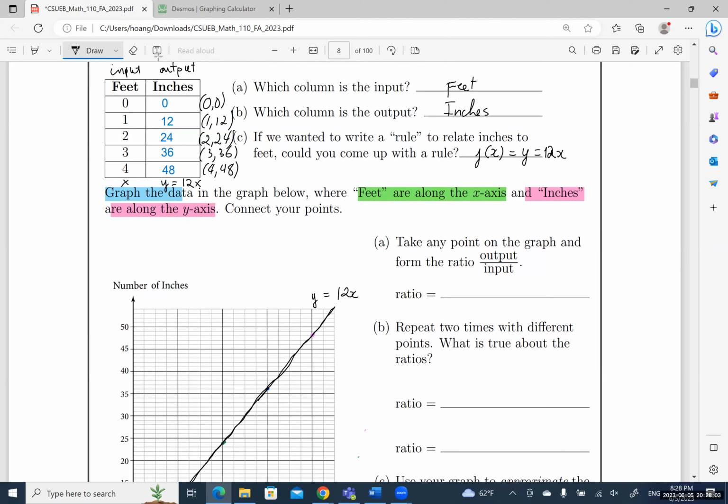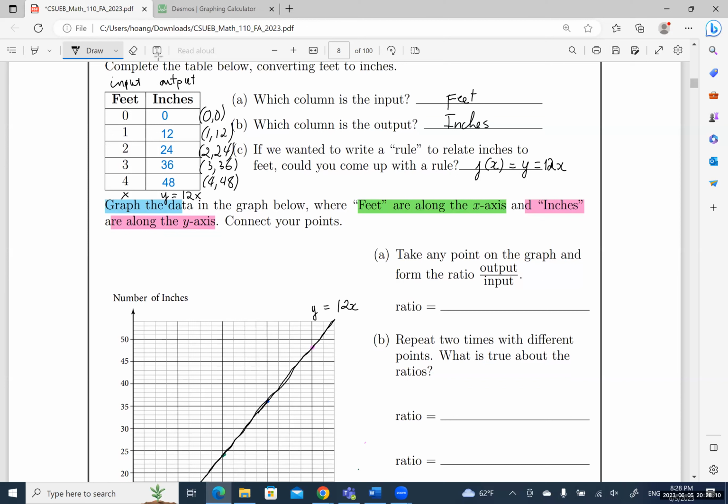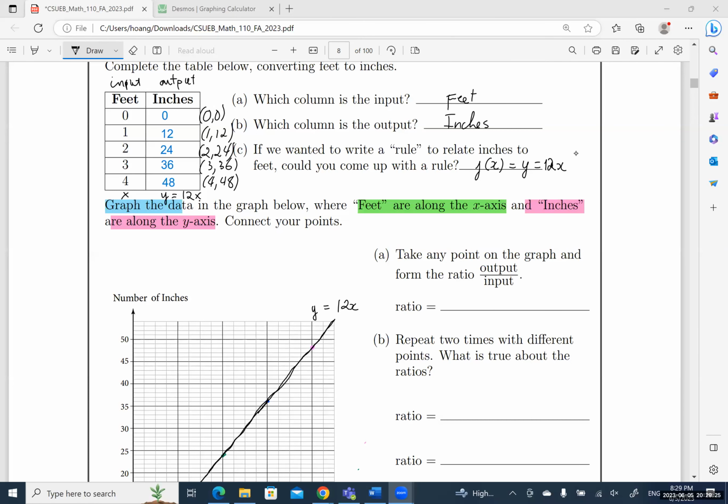We're going to accept every point except (0, 0).